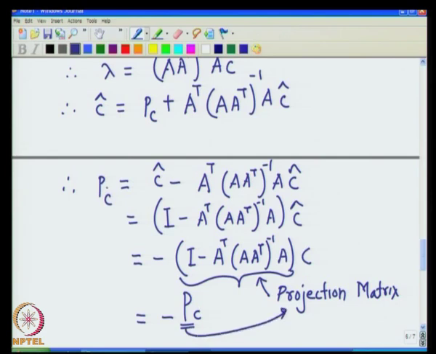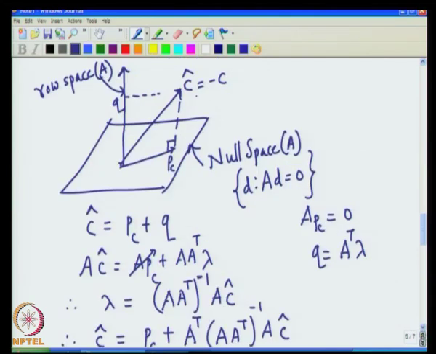Remember that this lowercase p is a component of C hat on the null space of the matrix A. So, given a direction D, which could be a steepest descent direction, we can use the projection matrix to project it onto the null space of any matrix using this formula.